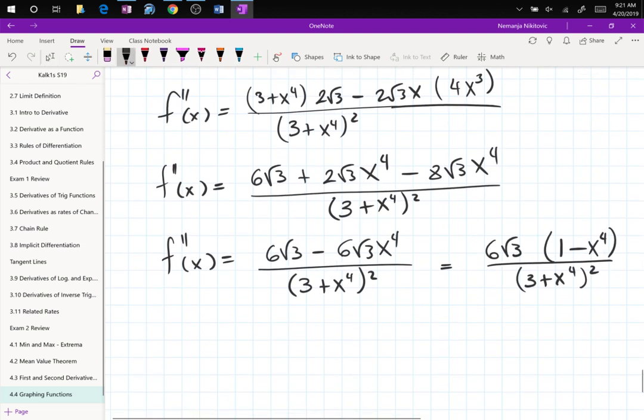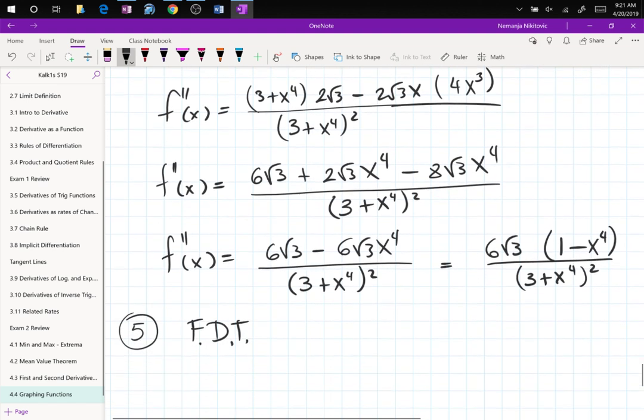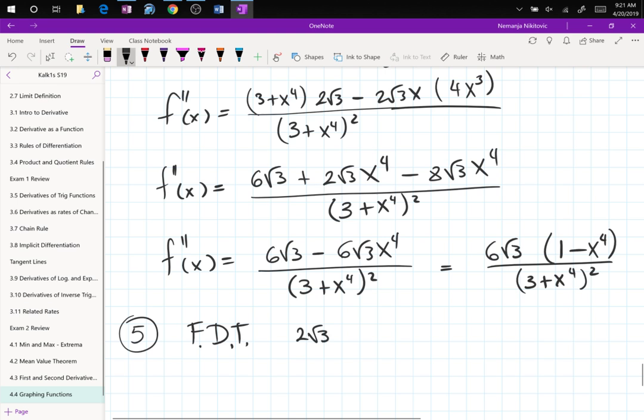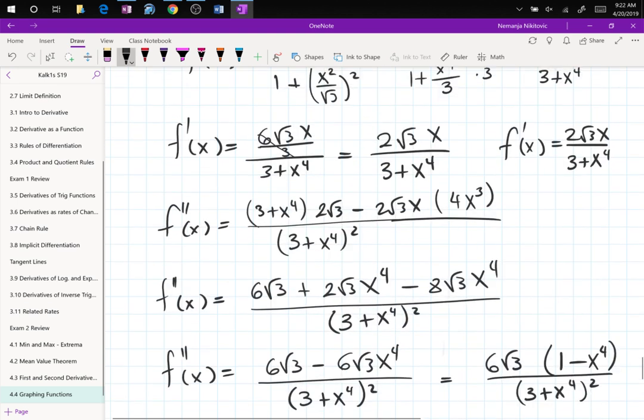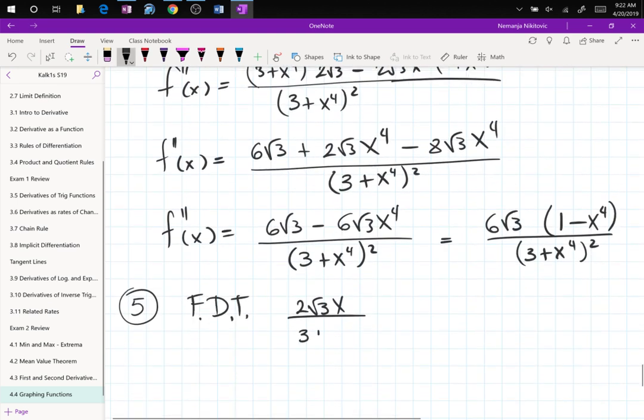So now I have these, and then I go and work on my first and second derivative tests. The first derivative test uses our first derivative, 2 root 3 x divided by 3 plus x to the 4th, and we set that equal to 0 to find critical numbers.